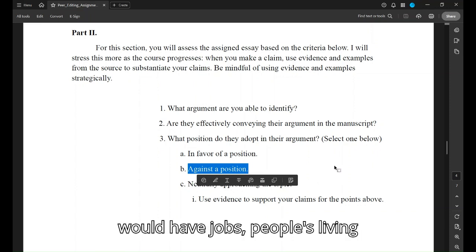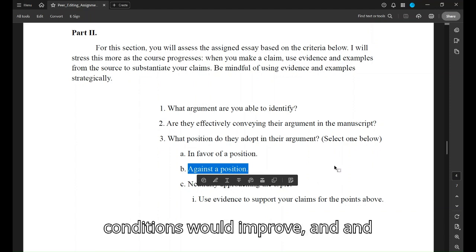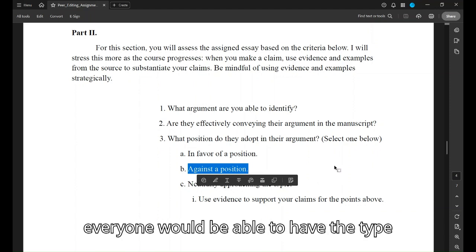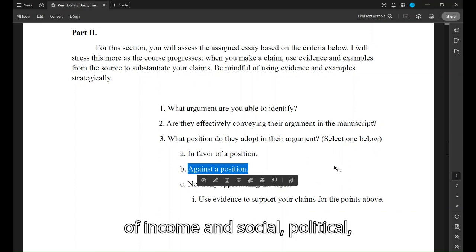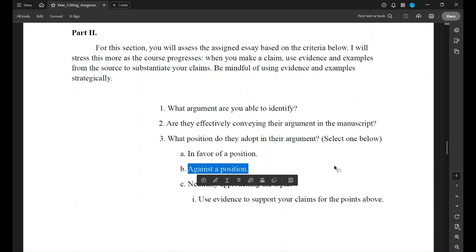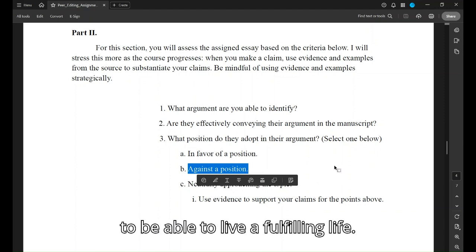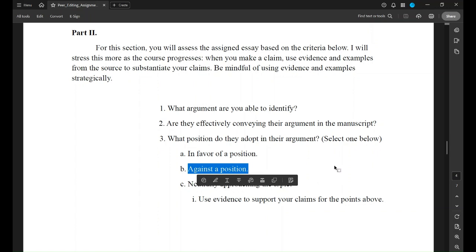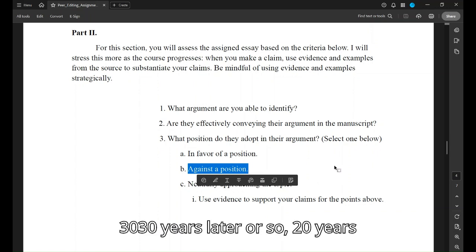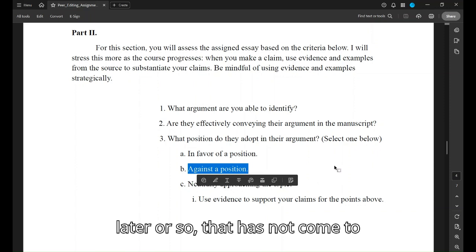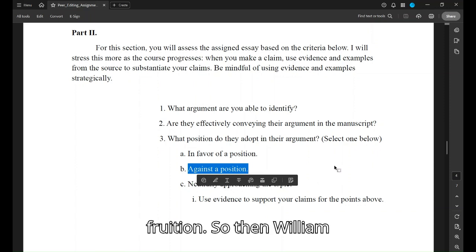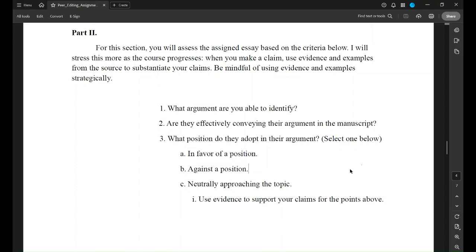People would have jobs, people's living conditions would improve, and everyone would be able to have the type of income and social, political, economic, and cultural stability to be able to live a fulfilling life. 20 or 30 years later or so, that has not come to fruition. So William Robinson's books are very critical or against certain elements of globalization.